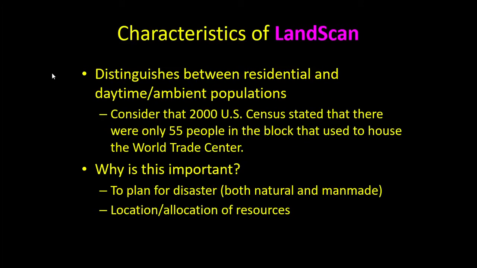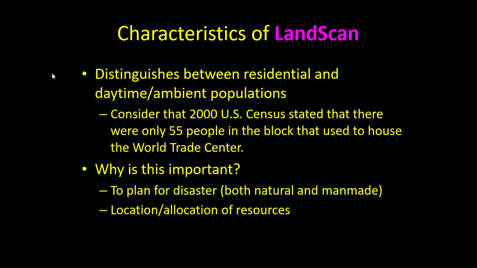Like I said, it distinguishes between where people live or reside at night, but also where they are during the day. And it's nice to provide that, because if you think about the United States census from the year 2000, it only showed 55 people located in the World Trade Center block. So of course, come 9/11, there were a whole lot more than 55 people affected.